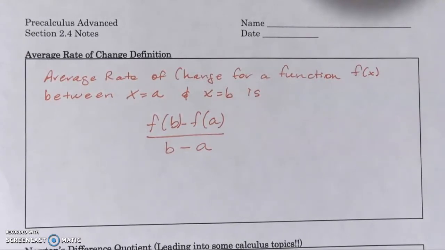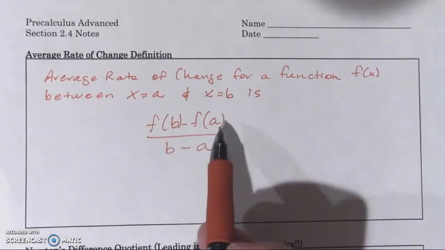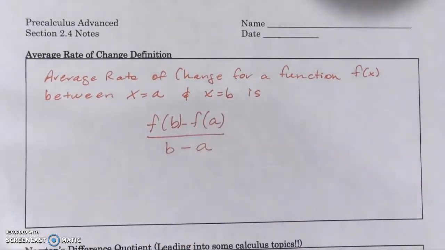Now let's almost work backwards to another class, okay? The first time you guys learned f of x, a teacher probably told you that really, when we're looking at a graph, f of x is very synonymous with y, okay? So if we think of the top of this fraction as kind of the y values, because f of x on a graph is representative of a y coordinate, okay?